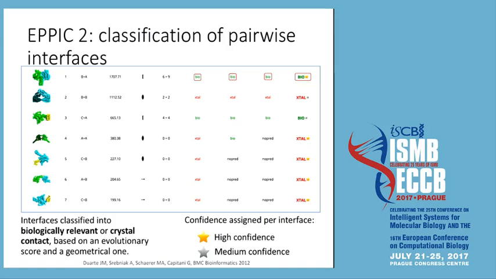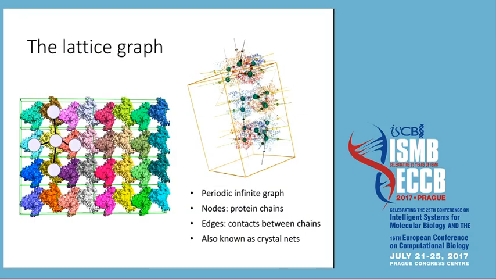The second step is to actually combine these interfaces to create a quaternary structure prediction. For that, it's important not only to understand what the interfaces look like, but also the topology of the protein in the crystal.